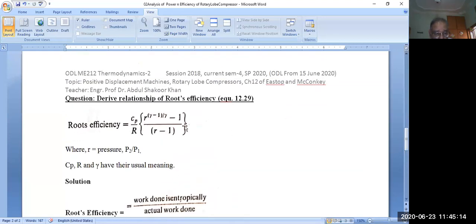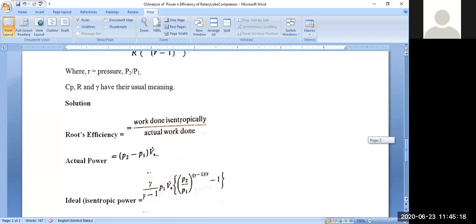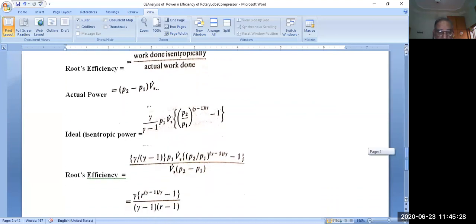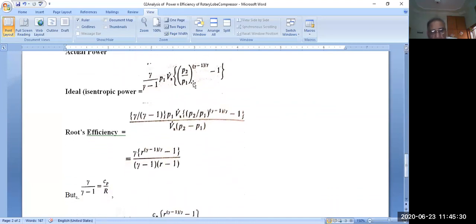This we have to derive, and here is the start. So first of all, this is the solution. First of all, we will define efficiency. Then actual power is equal to (P2 minus P1) multiplied by Vs. We have just derived this above. And in the isentropic process, in Thermo 1 we have learned, and in the reciprocating compressor also we have done, gamma upon gamma minus 1 P1 multiplied by [(P2 upon P1) to the power (gamma minus 1)/gamma minus 1].